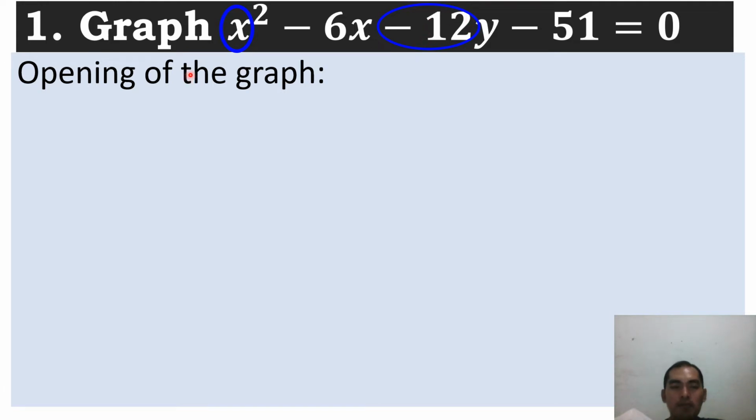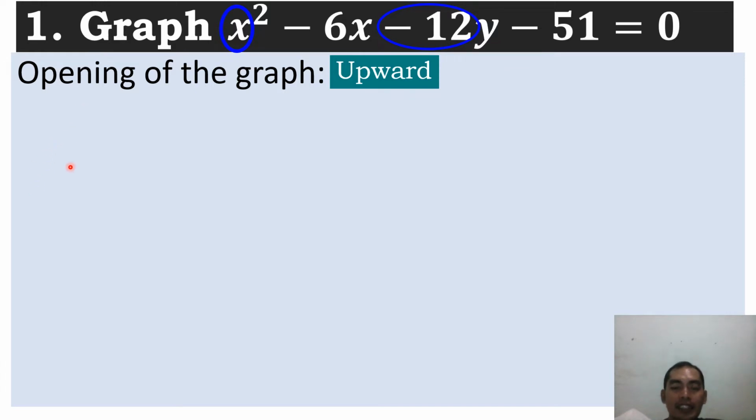So we have this. Leading variable is x, it means that the graph opens upward or downward. Para makuha mo ang exact na opening ng graph, you transpose negative 12y to the other side, it became positive. It means the opening of the graph is upward.